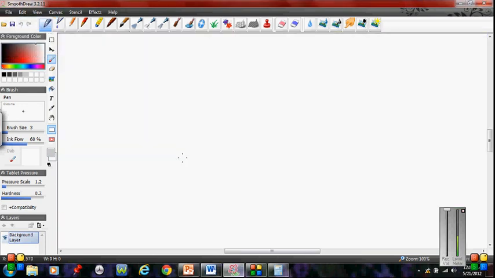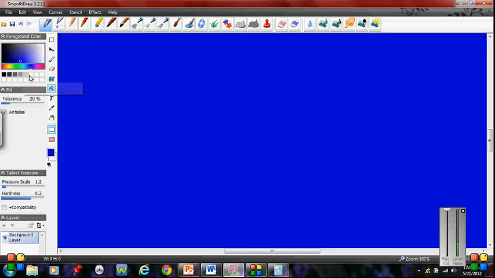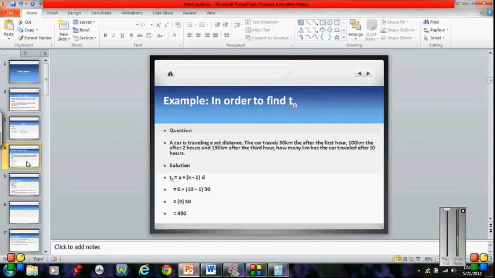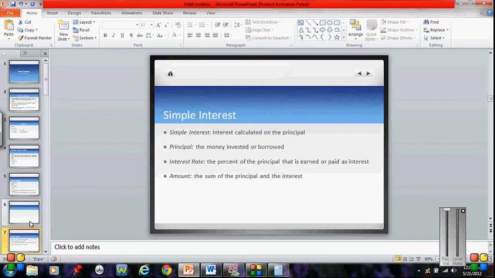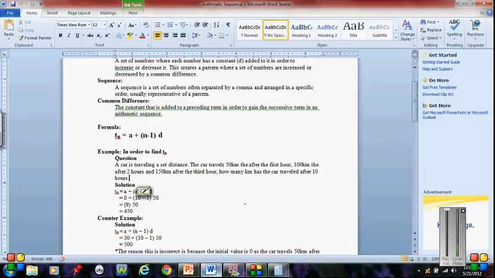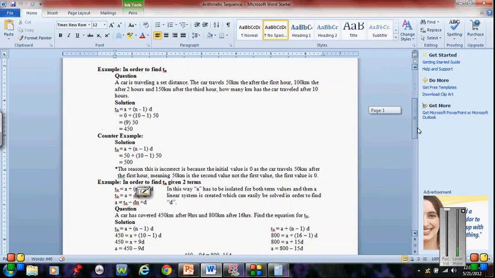So now let's take a look at another aspect of arithmetic sequences. It's slightly different, a little more complicated, but still overall pretty easy. So in order to find Tn, we did this, correct?